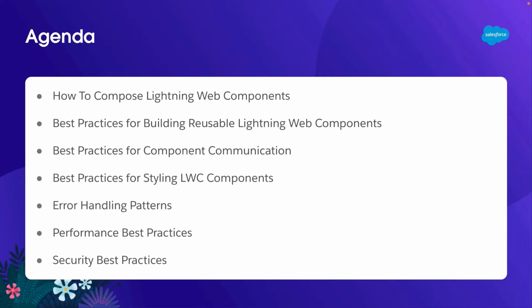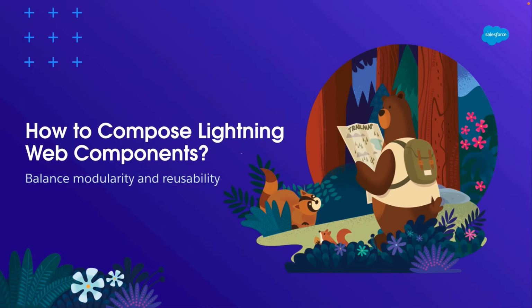Next, we'll take a look at some of the best practices for styling your LWC components. Next, we'll take a look at some of the error handling patterns. And then finally, we'll take a look at some of the performance and the security best practices for building Lightning Web components.